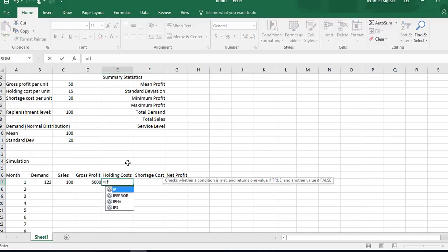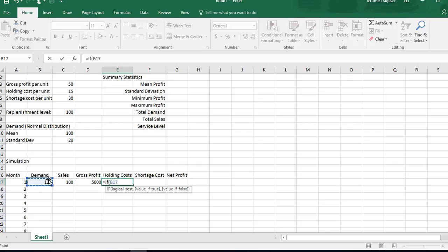So if our demand is less than the replenishment level, absolute, then we would take our replenishment level, again subtract our demand, so this is how many we're holding, and we want to multiply that by the holding cost per unit, our $15. That again can be an absolute cell reference.